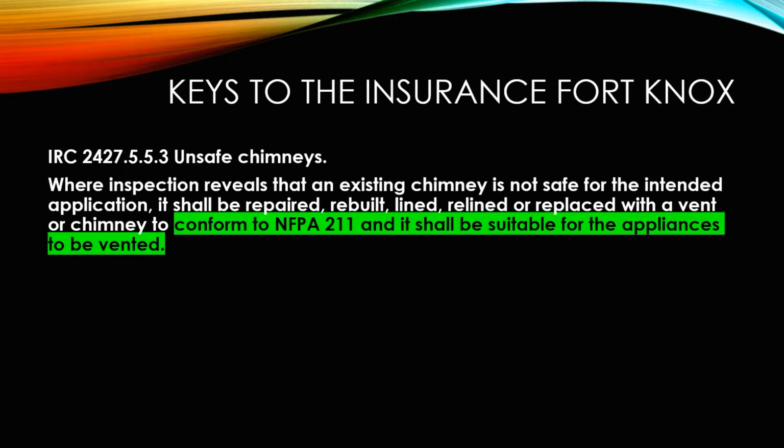That water heater has been orphaned, but the proper sized liner was not installed into the chimney. NFPA 211 says it shall be suitable for the appliances to be vented. So if there's another appliance in that chimney, I have been getting insurance companies to also cover bringing that up to code.